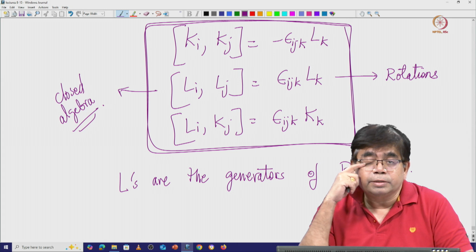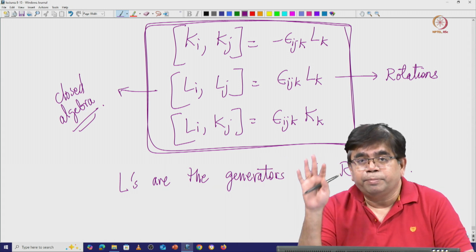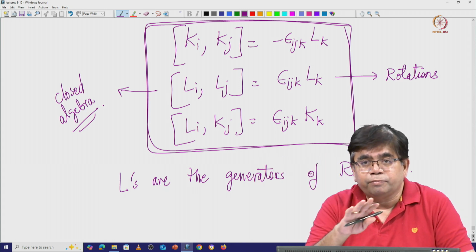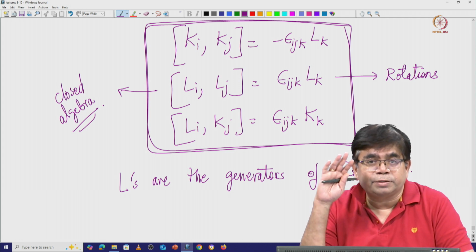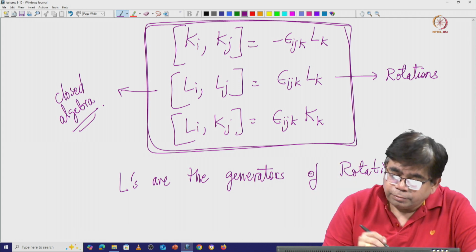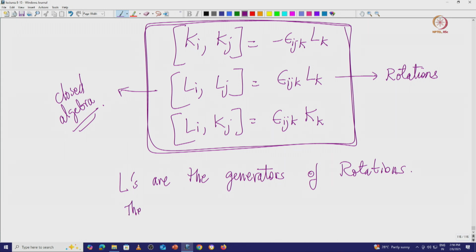So 2 rotations, independent of boosts, form an algebra of their own, so they form a subgroup of the Lorentz group completely on their own, which is SO(3). The boosts do not form a group on their own.